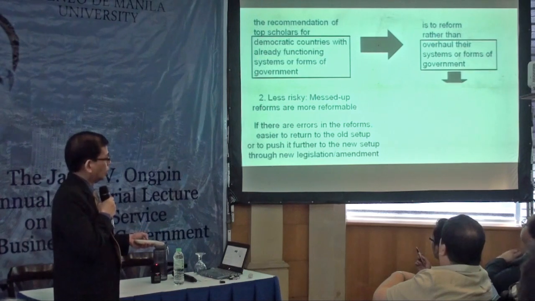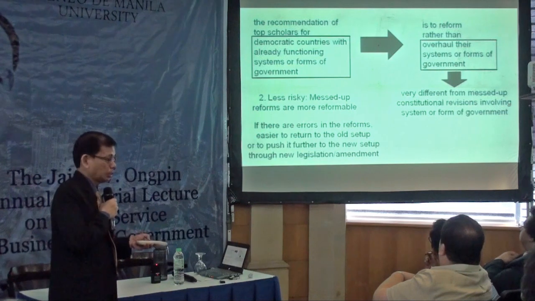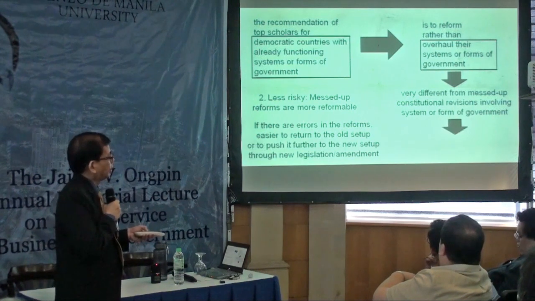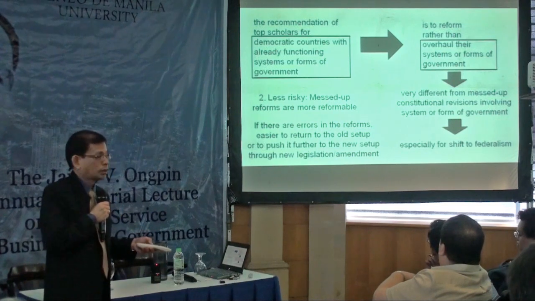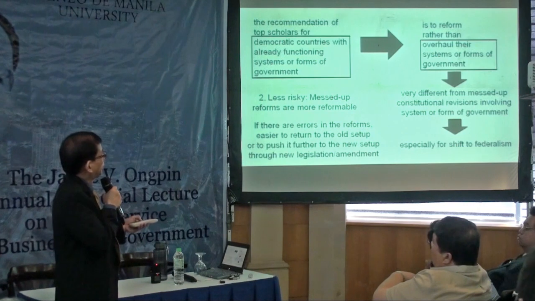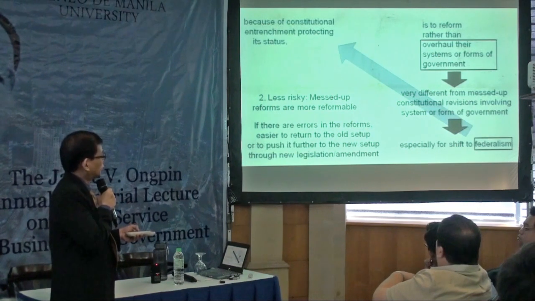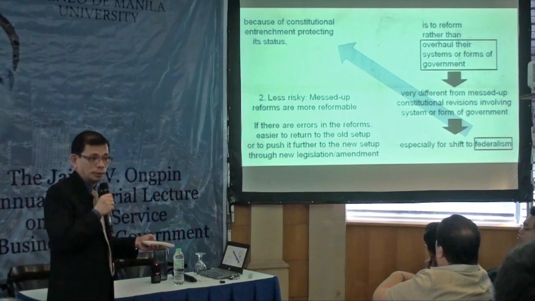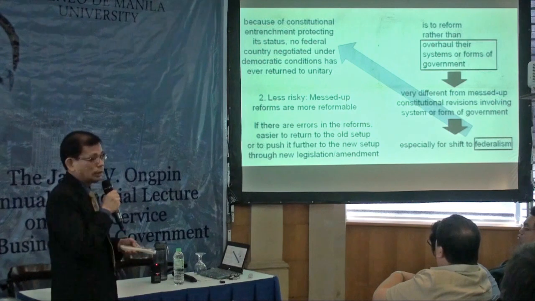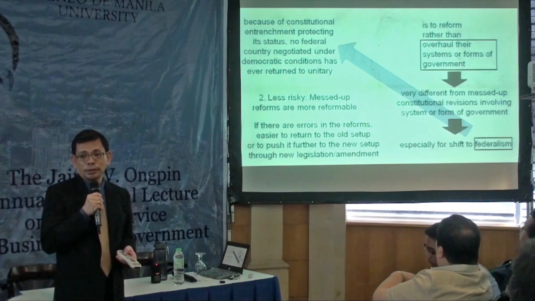When you talk of overhaul, this would be very different from constitutional revisions involving the system or form of government, especially a shift to federalism. Because, as we have already discussed, because of constitutional entrenchment protecting its status, no federal country negotiated under democratic constitutions has ever returned to unitary.